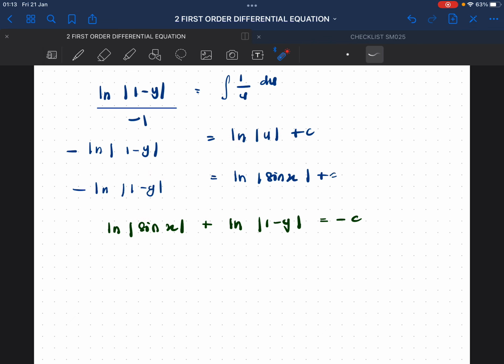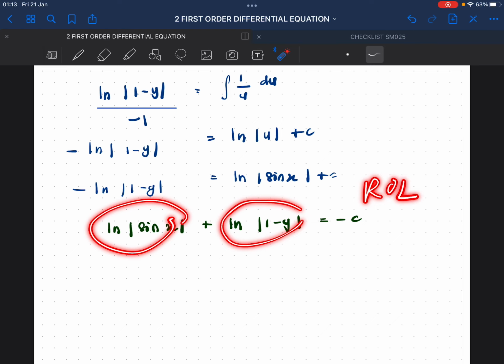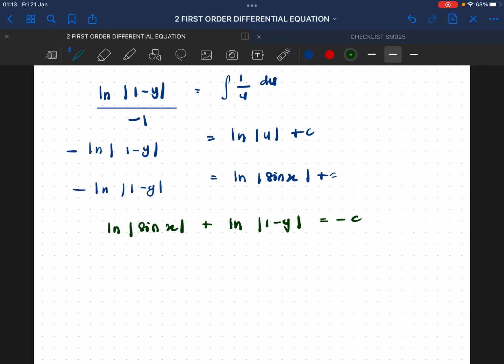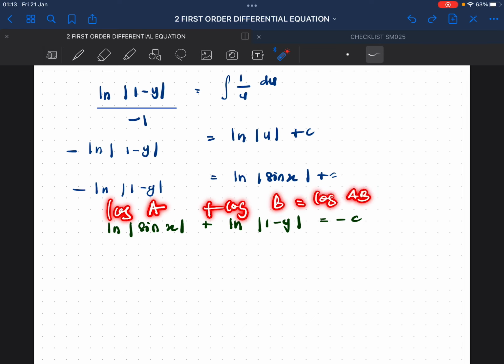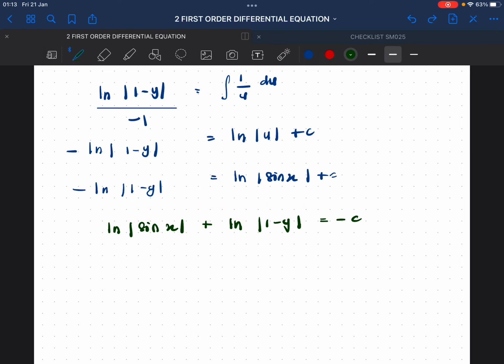Now the properties of ln, the rules of log: log A plus log B means we can change to log A times B. So we end up with ln of sin x times 1 minus y equals negative c.